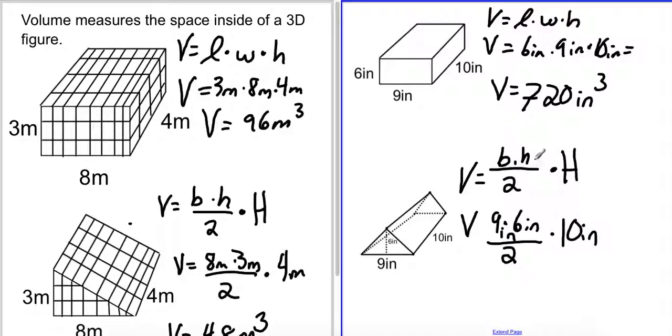So just like last time, we're going to do 6 times 9, and then divide by 2, and then multiply by 10, and as you can actually see, that's half the size of our rectangular prism over here.